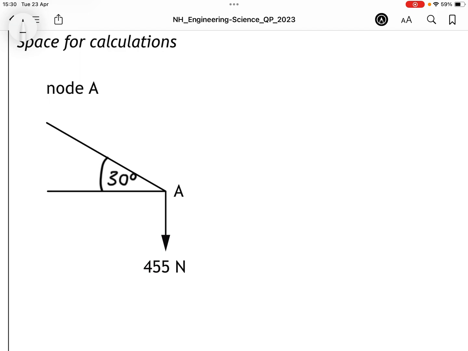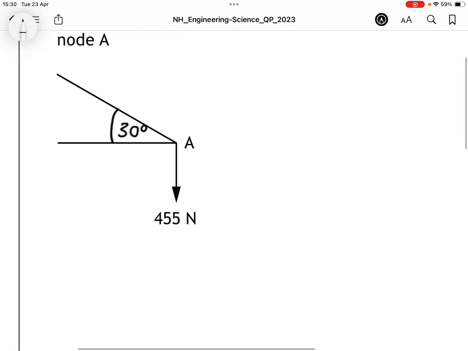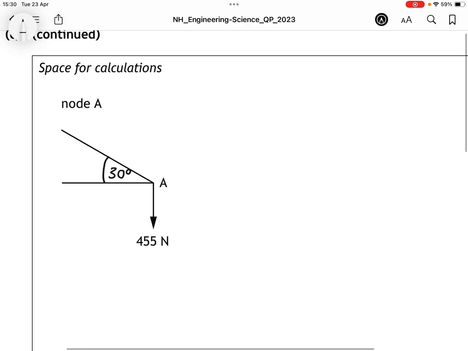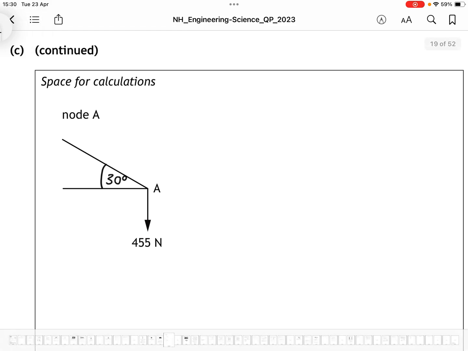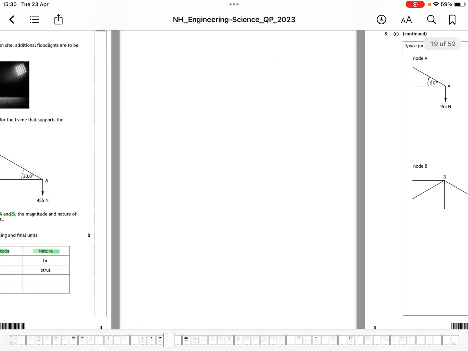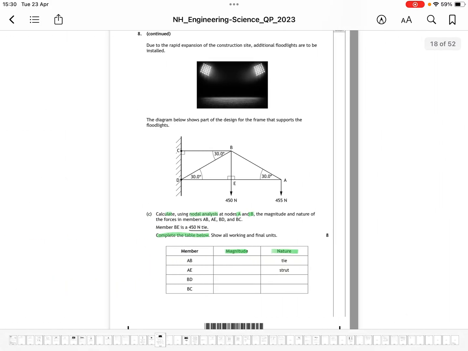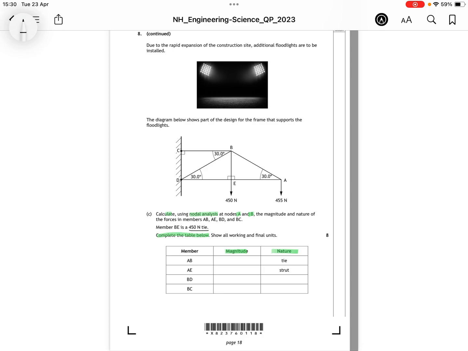And I've already got the force acting down that's acting at A. Now I'm going to want to resolve vertically and horizontally, but before I do that, I find it helpful to draw out where I think these natures of the forces are, and in fact I'm already told that AB is a tie and AE is a strut.